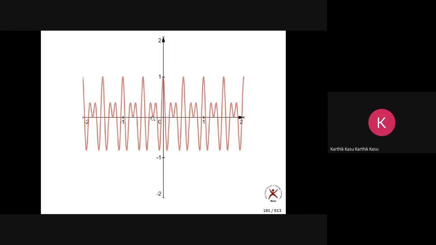Anybody? Sine or cos? Not exactly cos. Can you tell me what is the envelope of this signal? Join the peaks and tell me. Only peaks. These peaks, just join like this.